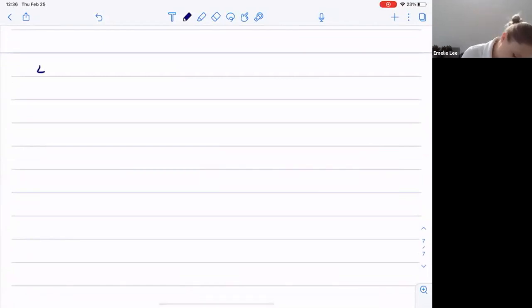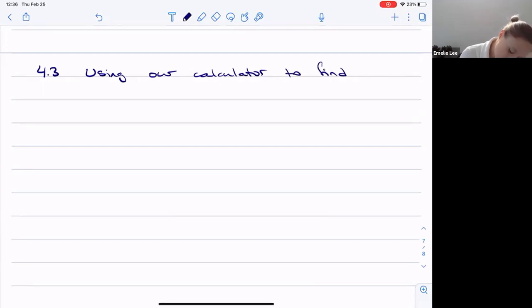So, in section 4.3, we're using our calculator to find days between dates. I am assuming that you have some sort of app, like I said, I have this free app that I downloaded.